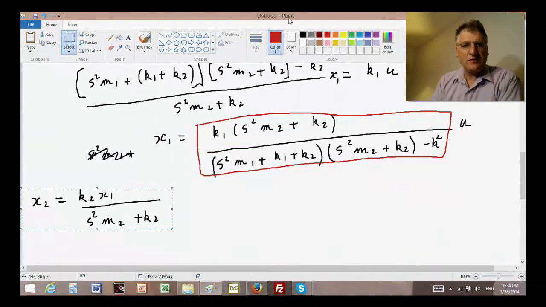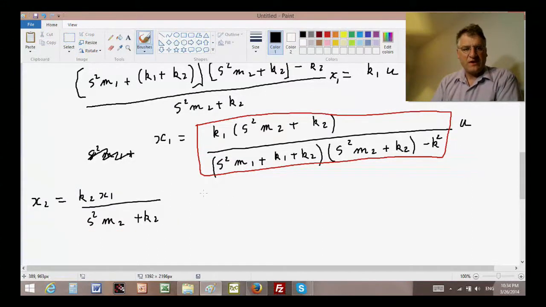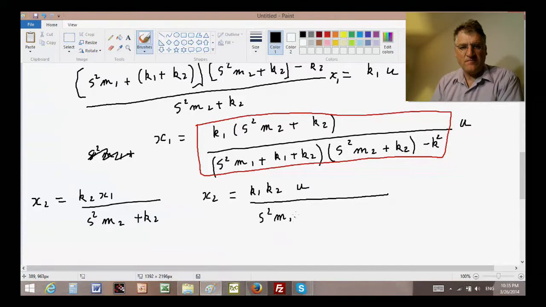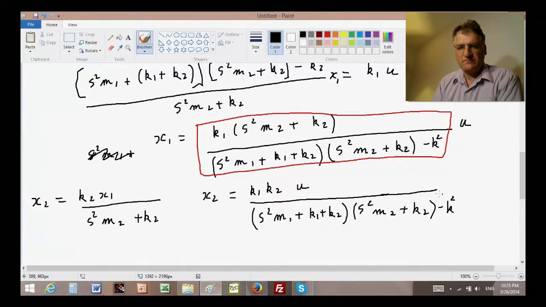So since this is x2, we can write that x2 will be equal to k1 k2 times u divided by [(s squared m1 plus k1 plus k2) times (s squared m2 plus k2) minus k2 squared].